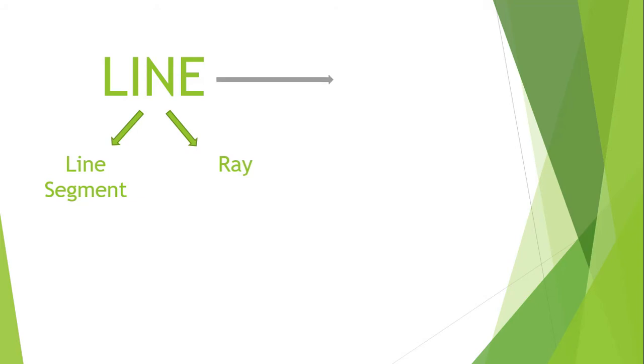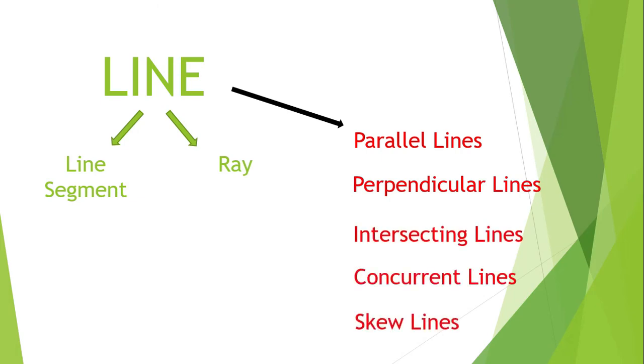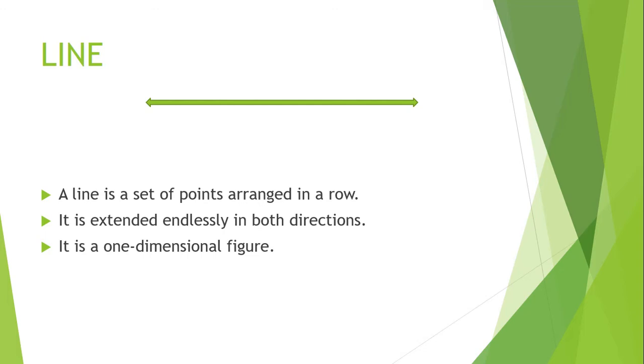And we can have other geometric terms, and they are parallel lines, perpendicular lines, intersecting lines, concurrent lines, and skew lines. But before that, let's define again line. When we say line, it is a set of points arranged in a row and can be extended endlessly in both sides.